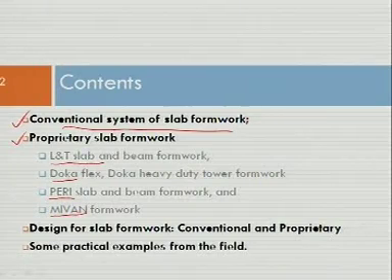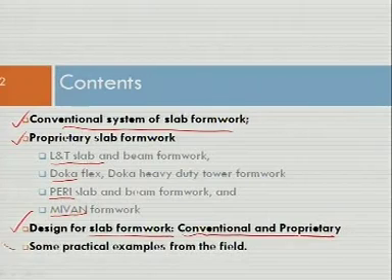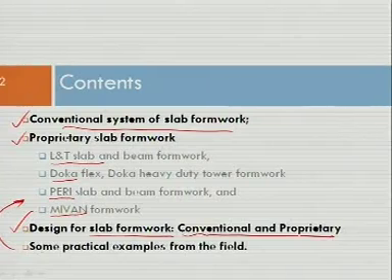These are some of the widely used formwork systems. Then in one of the lectures I will cover some design aspects for slab and beam formwork, both for conventional and proprietary, and in this lecture itself I will cover some practical examples from the field. So, this is how we are going to proceed for slab and beam formwork.